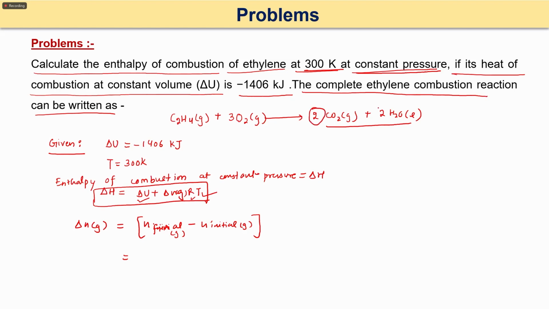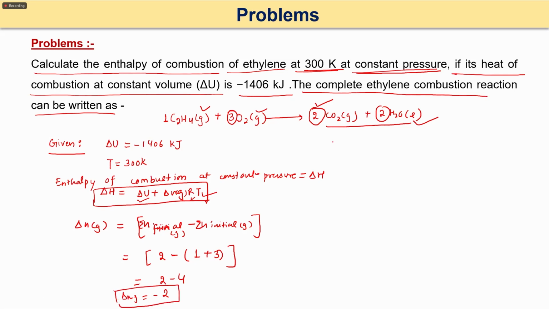We will not take this 2 because it is for liquid. We want to calculate only for the gases. So it is 2 minus the initial number of moles of gases. It is 1 over here for gas, and oxygen is also gas, so we will also take this 3, 1 plus 3, the sum of number of moles. If you solve this, you will get 2 minus 4, which will be equal to minus 2. So your delta Ng is minus 2.